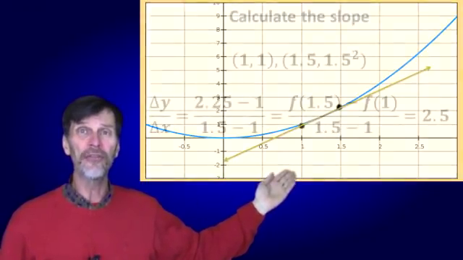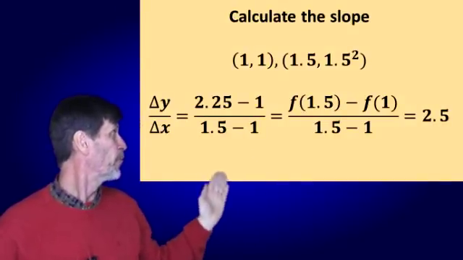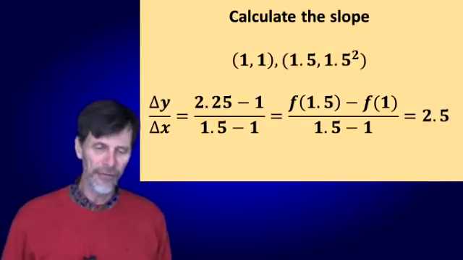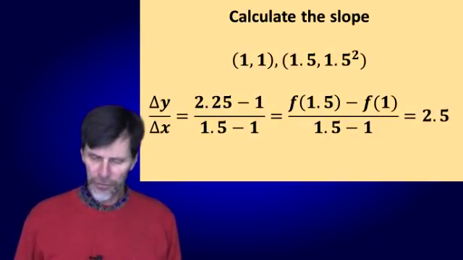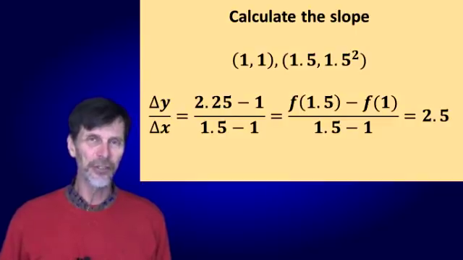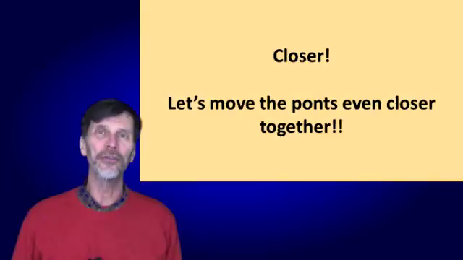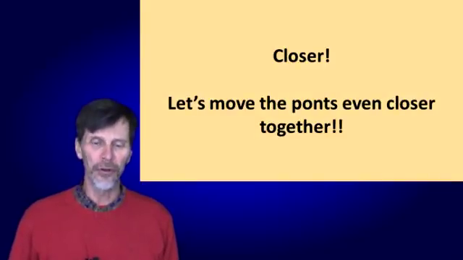When you plug 1.5 in and square it, you get 2.25. So we have 1, 1, and then we have 1.5, 2.25. That's the second set of ordered pairs I'm going to use. And again, by making this interval smaller, we should get a closer value to the actual slope of the graph.